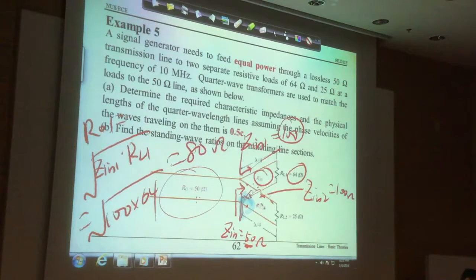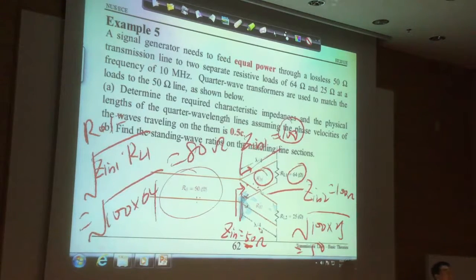Then how about this section? This section should be equal to the square root of 100 times 25, right? That is, the characteristic impedance of this transmission line should be 50 ohm.